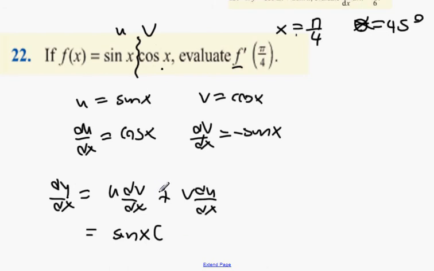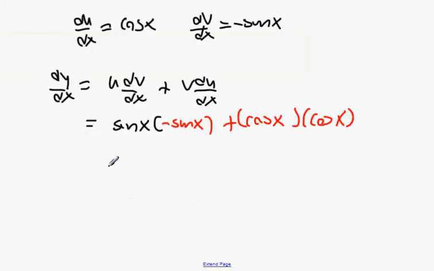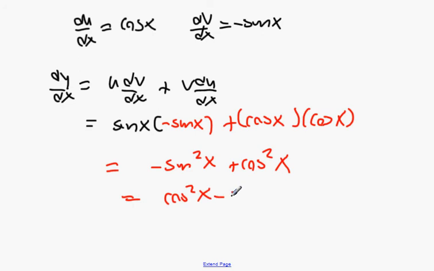Now, it's going to be sine x multiplied by dv dx, which is minus sine x, and then plus cos x for v, and another cos x for u. When we put this in, we get minus sine squared x plus cos squared x, which equals cos squared x minus sine squared x.